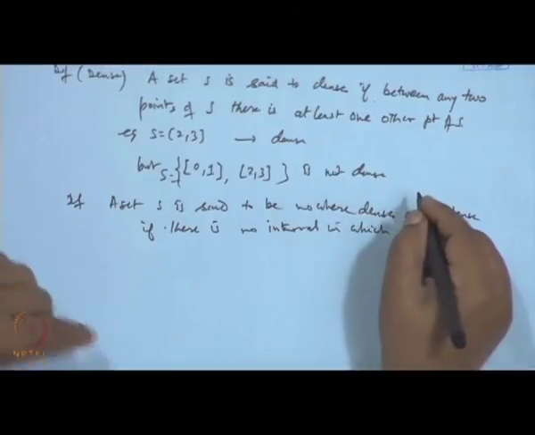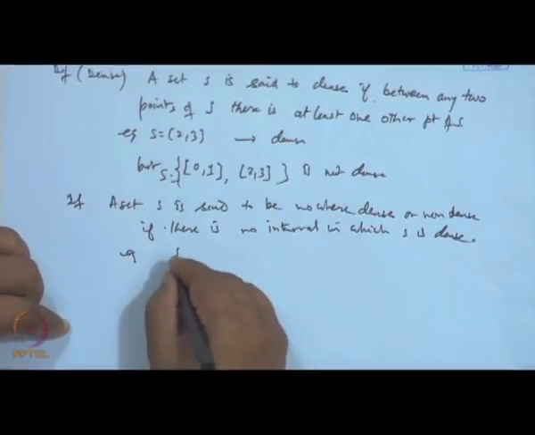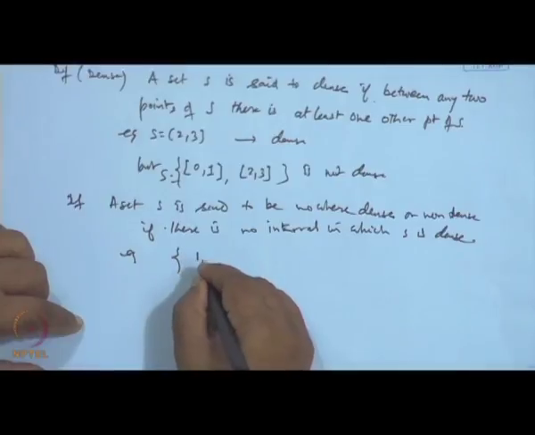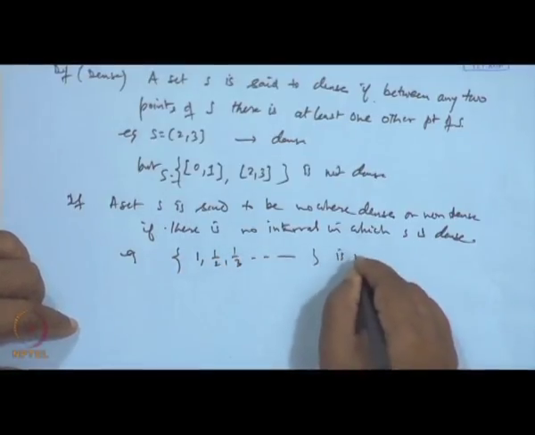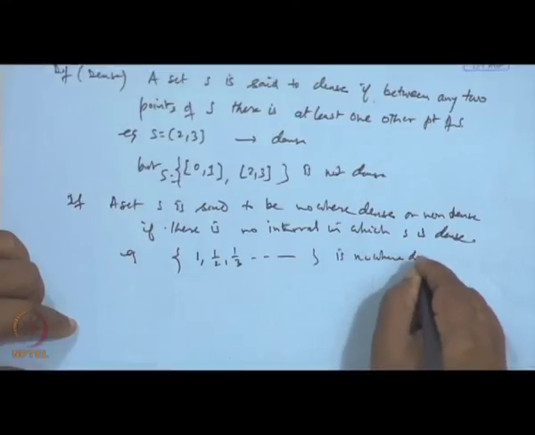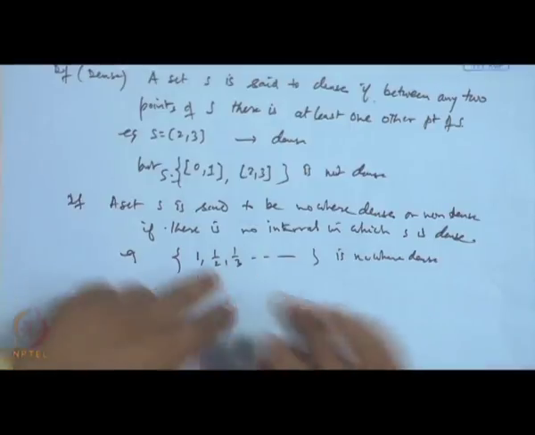For example, if we take the set of numbers 1, 1 by 2, 1 by 3, and so on, this collection is nowhere dense, because we cannot get an interval in between these points.